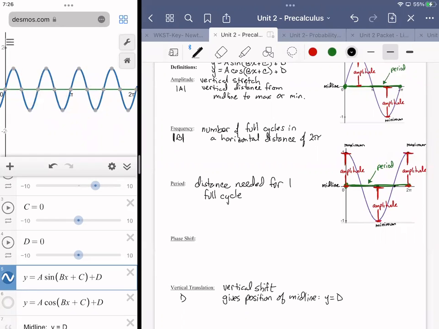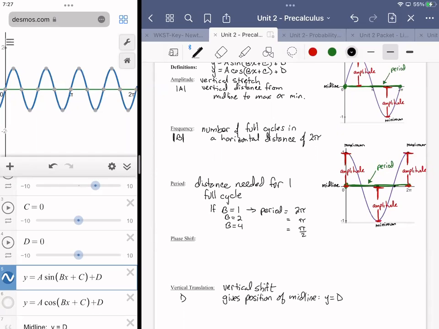All right. So if b is equal to 1, a period is equal to 2 pi. If b is equal to 2, the period is equal to pi. If b is equal to 4, for example, then pi over 2.